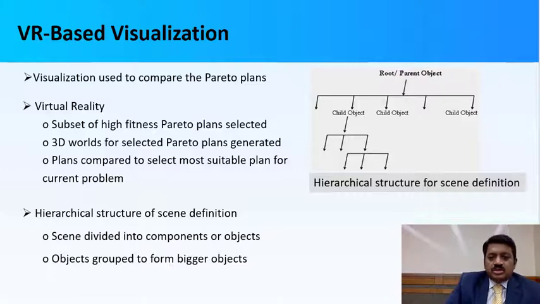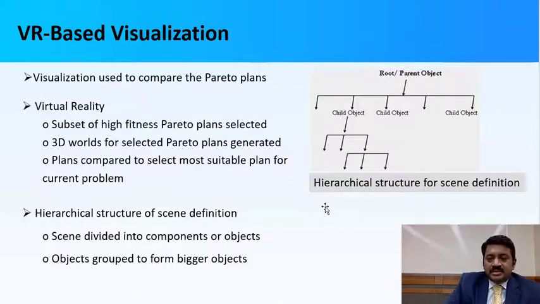And once these plans are created, next we go to the virtual reality component, where a hierarchical scene structure is used for defining the scene. As we saw in an earlier slide, there are many different components within an urban infrastructure setting.